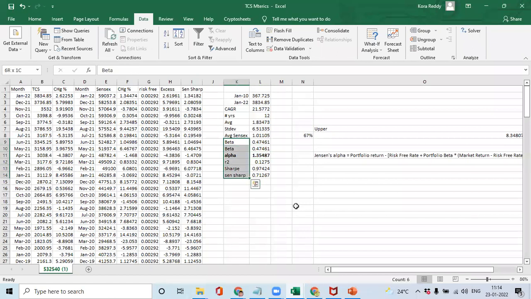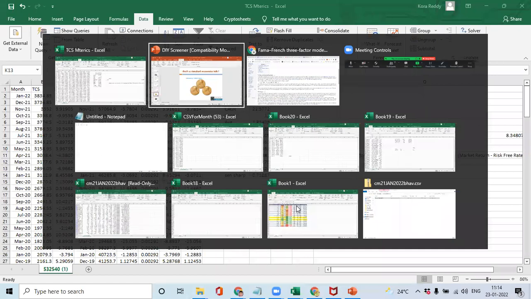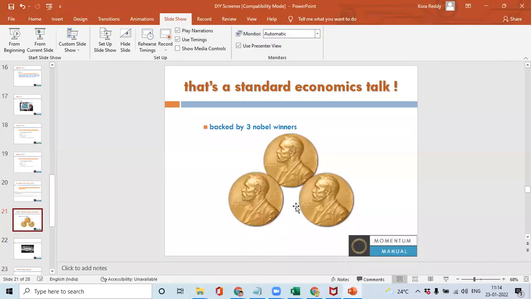This entire risk matrix is called CAPM alpha. For the Sharpe ratio, that's another Nobel Prize. And again, the CAPM model, which I talked about, and Fama-French, which is an extension of CAPM, that's another Nobel Prize. You won't be using Nobel Prize winning formulas in our day-to-day life regularly, right?